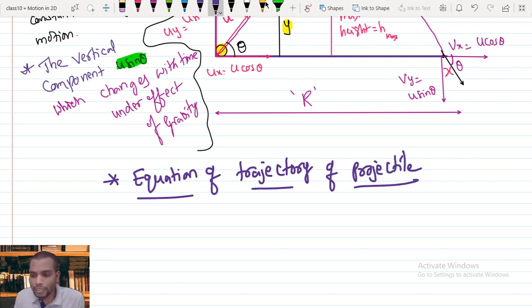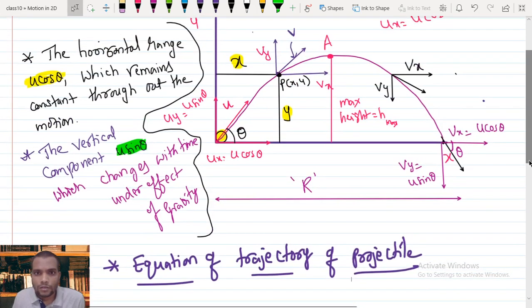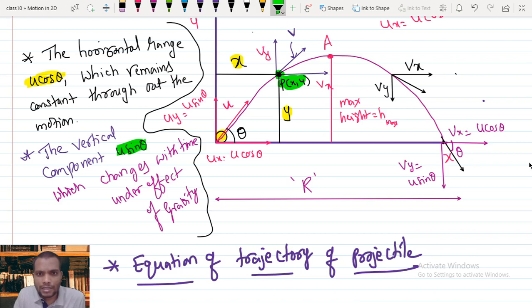So we consider a point P, x, y, that is after a time t. So this point P is the location I considered in the projectile motion, considered after launching at a time t.